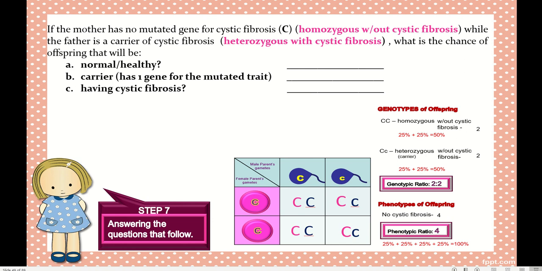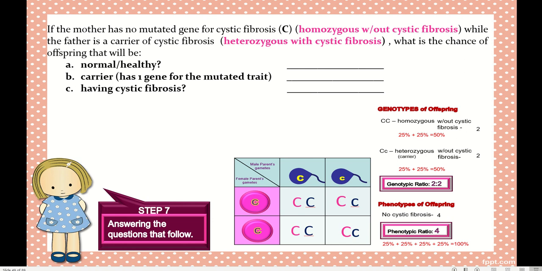There's a 50% chance that he or she is a carrier. She might be carrying the allele which expresses cystic fibrosis. She might, that's why it's 50%, or he might. However, there is also a chance that that offspring will not carry the allele because it's a 50-50% chance.